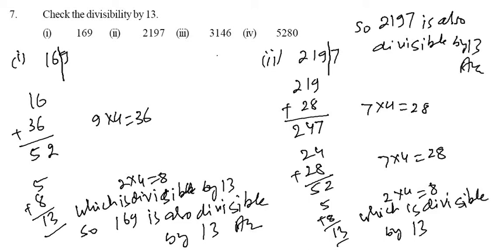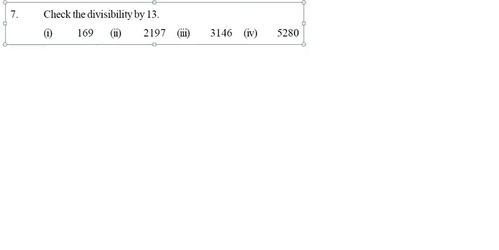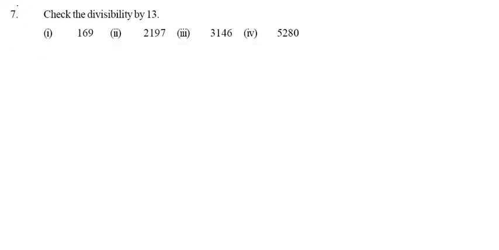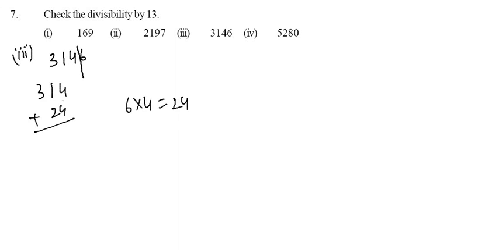So now you can see, you can do the next two parts also. Now come to the third part of this question, and that is 3146. Now it is further divided into two parts. The first one is 314 and the second one is 6 times 4, that is 24. Now 24 is added here, so 4 and 4 is 8, and 1 and 2 is 3, and it is 3. It is further divided into two parts. The first one is 33 and the second one is 8 into 4, that is 32.